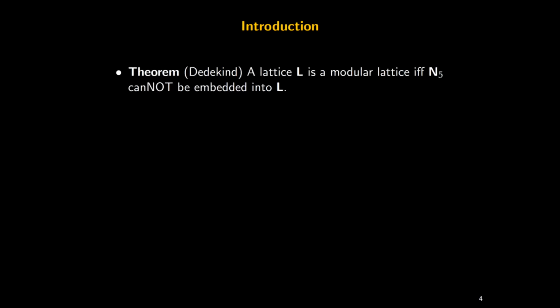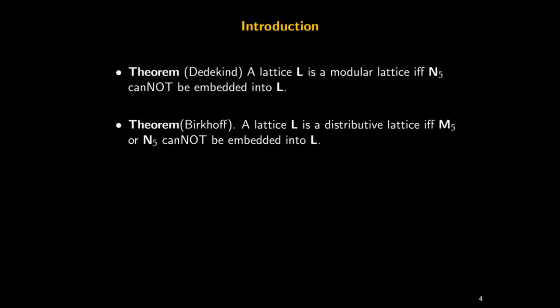It is important to consider inclusion and exclusion of certain subpatterns, in this case sublattices of lattices in general, and how they characterize properties. This was, I guess, first discovered by Dedekind and Birkhoff with the two classical results that describe modular lattices and distributive lattices as the ones that exclude N5, and N3 and N5, respectively.